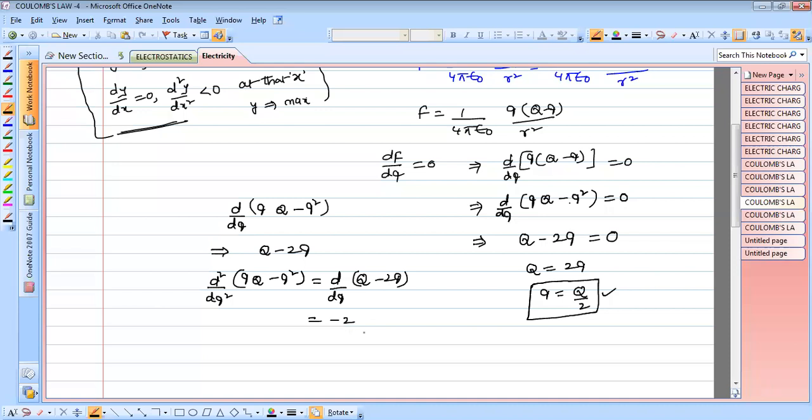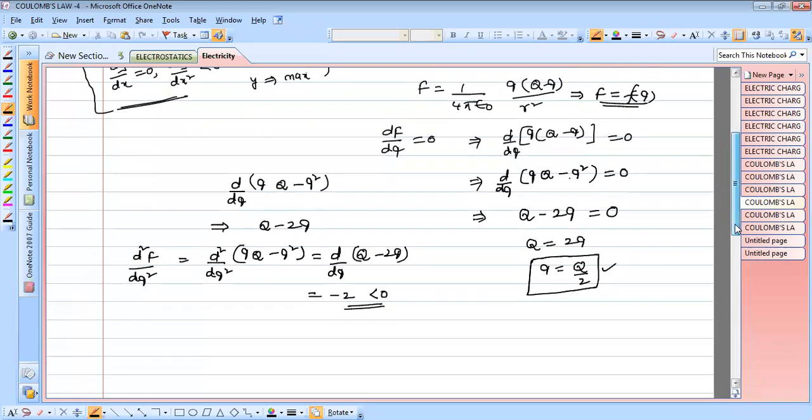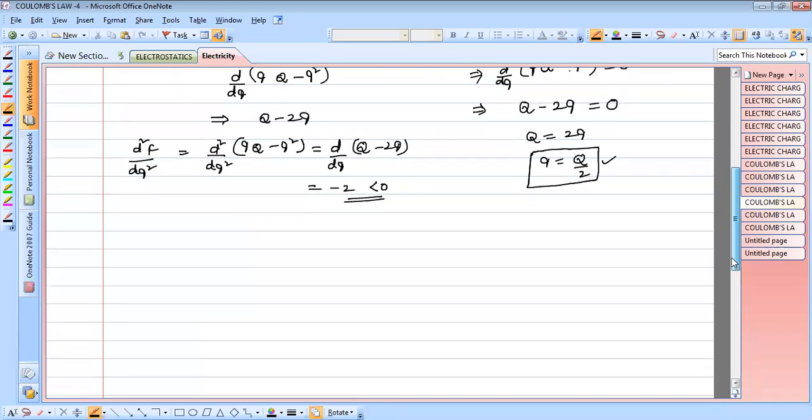Minus 2 is less than 0. Here f is a function of q. df by dq equals 0, and as d square f by dq square is less than 0, the force has its maximum at q equals capital Q by 2.